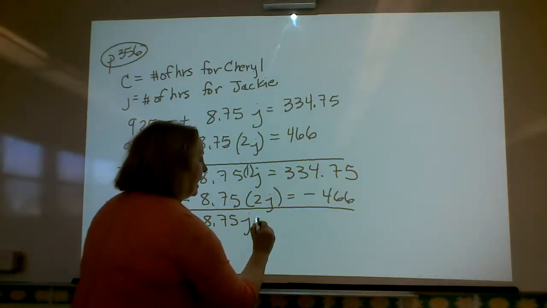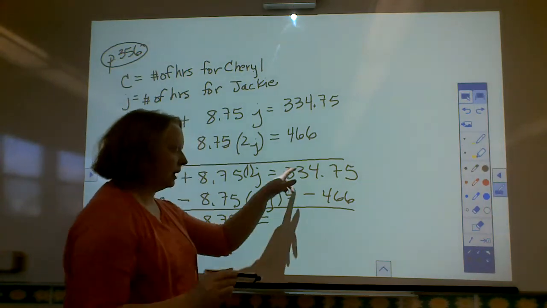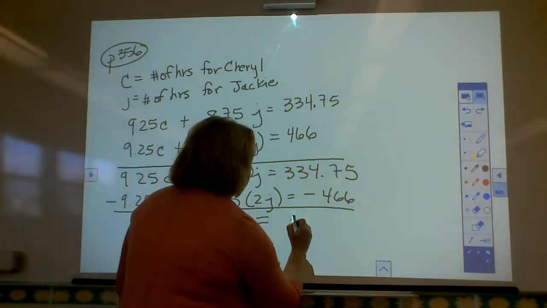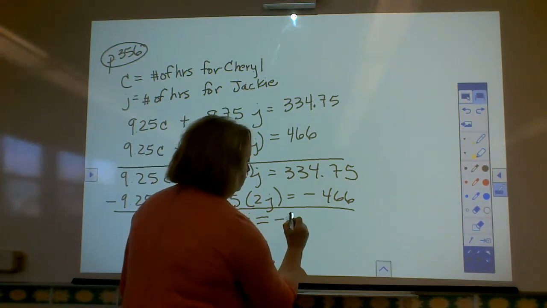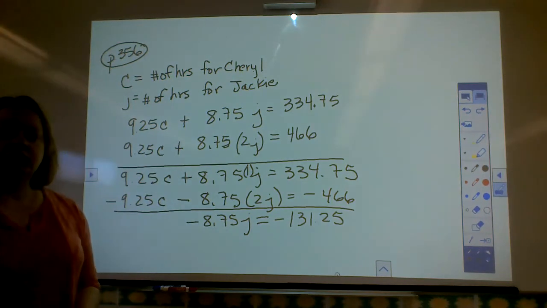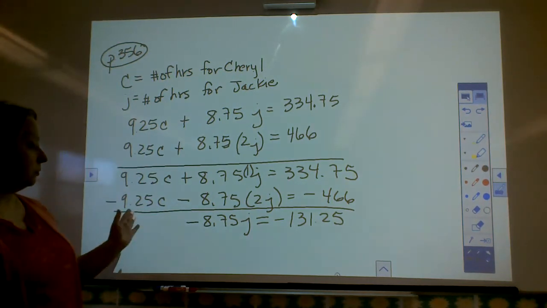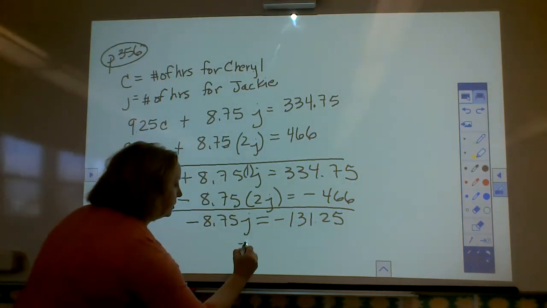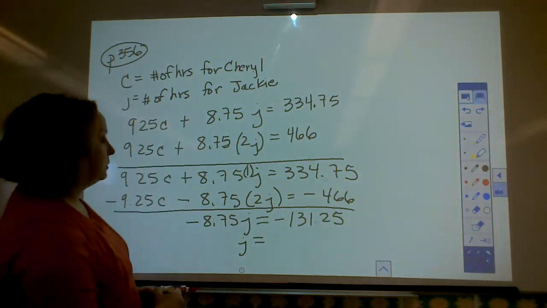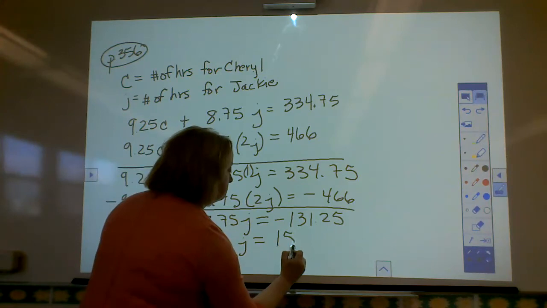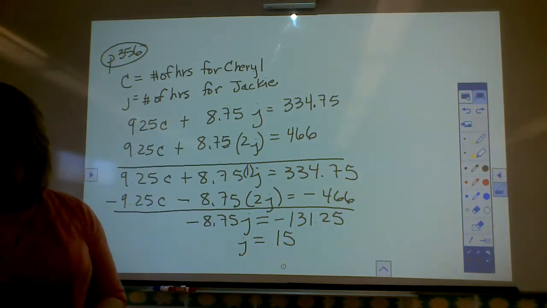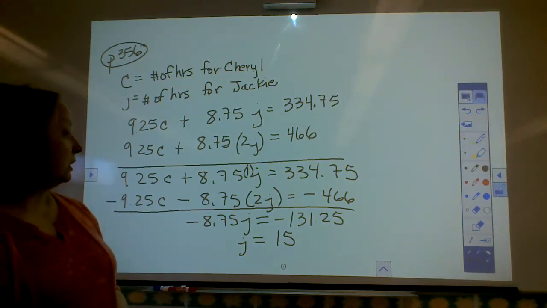Then we add our money values here, and we should get a negative $131.25. Then we divide, and Jackie's hours turn out to be 15. So Jackie worked for 15 hours that week.